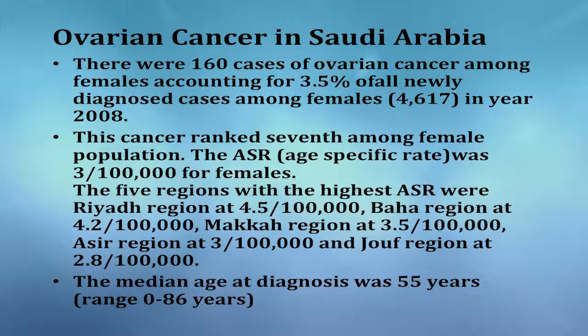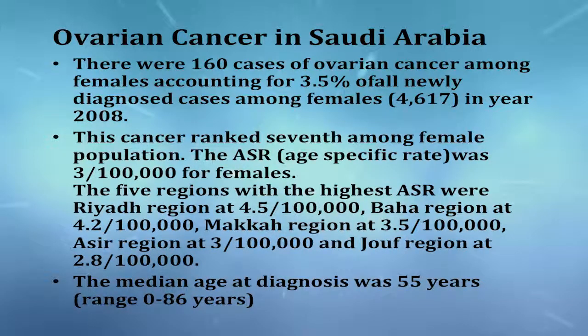Ovarian cancer in Saudi Arabia: there are around 160 new cases every year, and it is about 3.5% of all newly diagnosed cancers among ladies. And it is not that common compared to breast cancer or others.